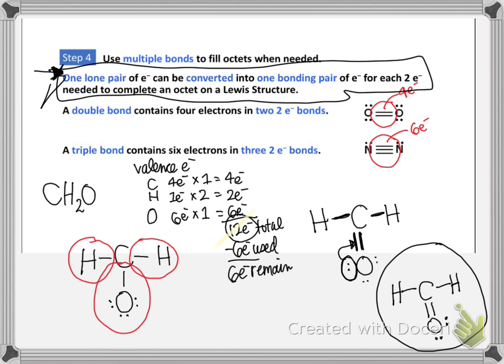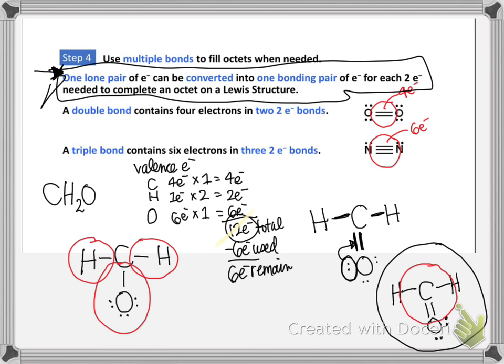We can count. We can go 2, 4, 6, 8, 10, 12. So I've only used 12 electrons. But what now is true, by making the multiple bond, is that carbon sees 8: 2, 4, 6, 8.